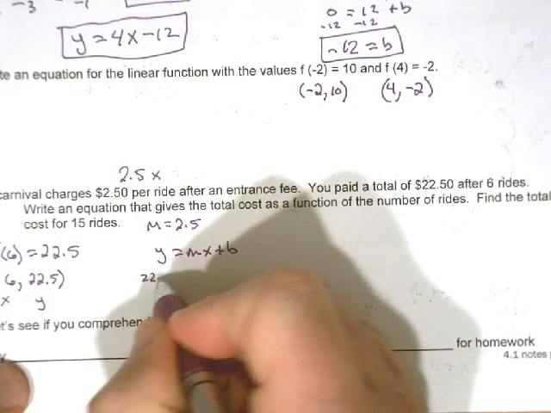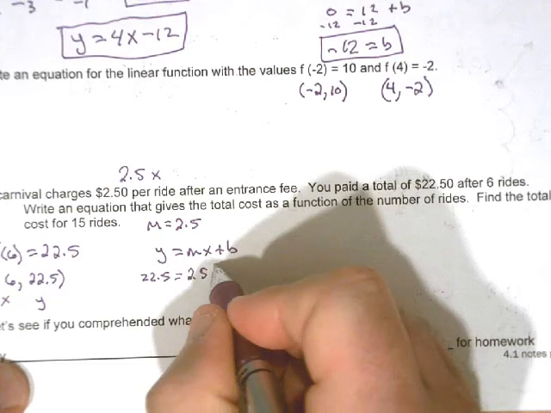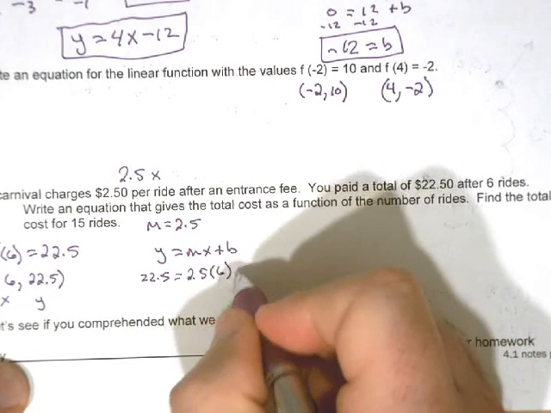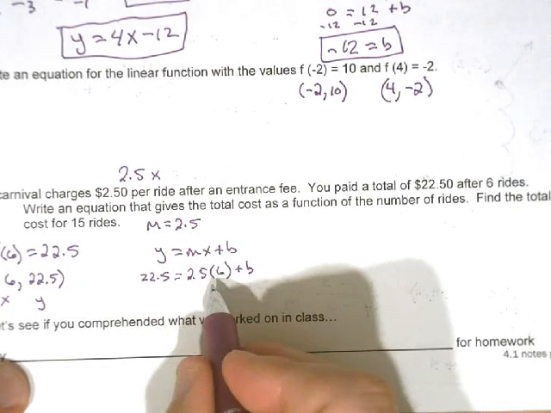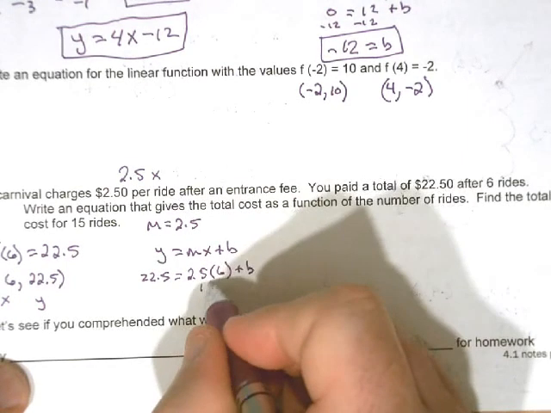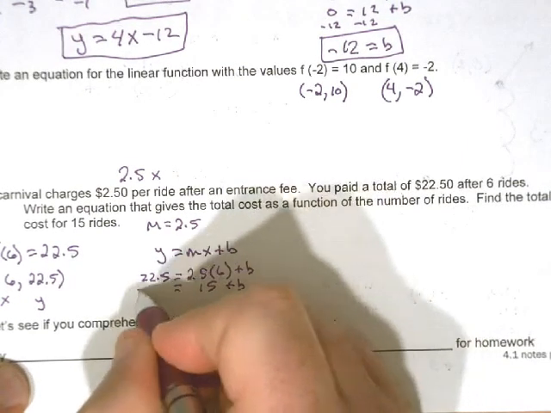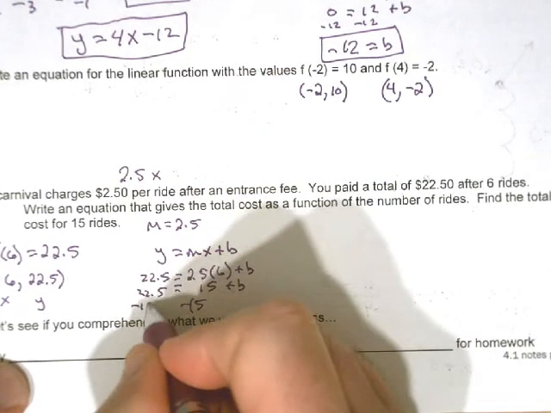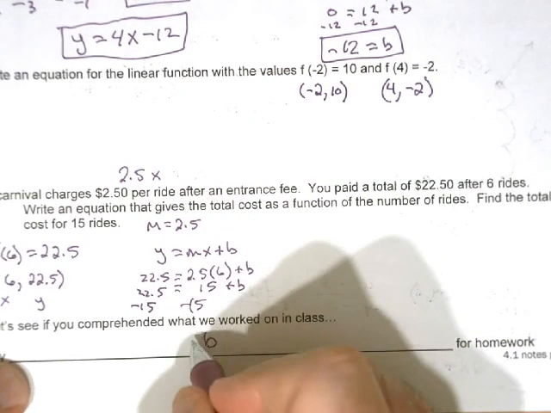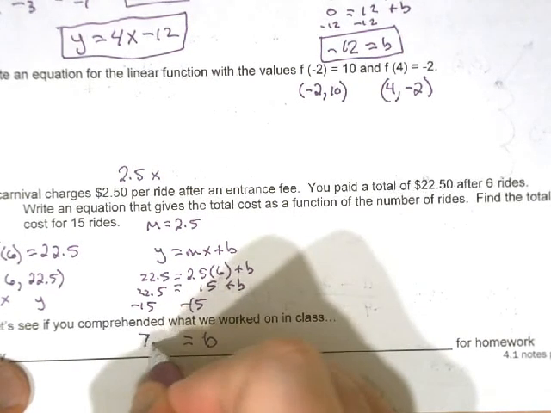So y equals mx plus b. Substituting in, 22.50 equals 2.5 times x, which is 6, plus b. 2.5 times 6 is going to be 15, plus b equals 22.5.